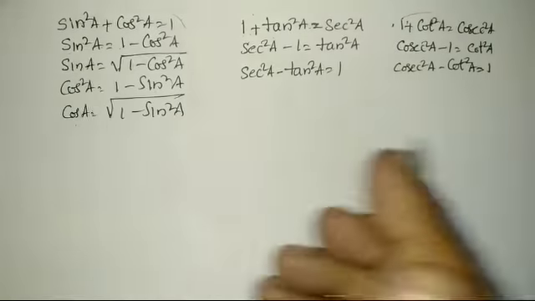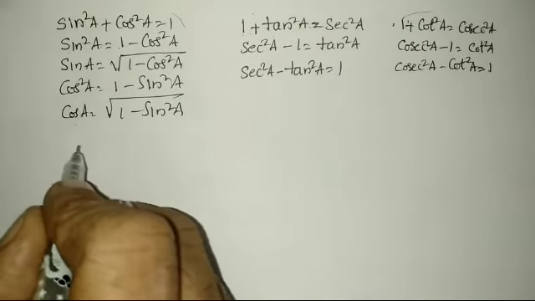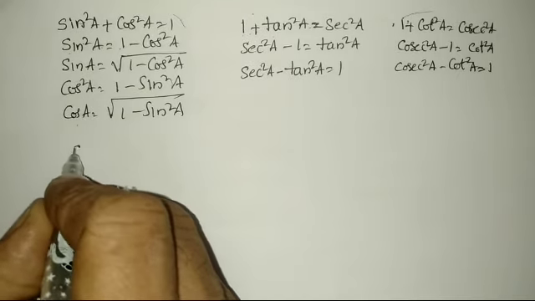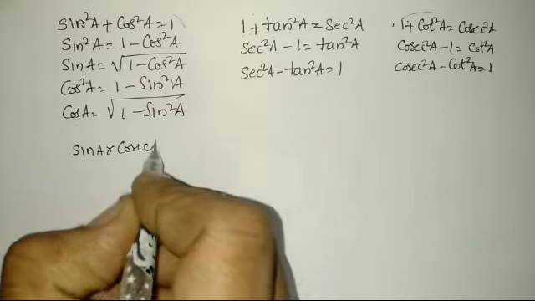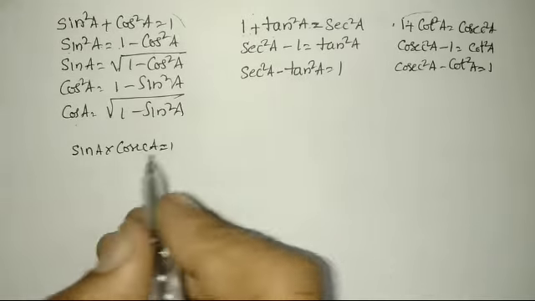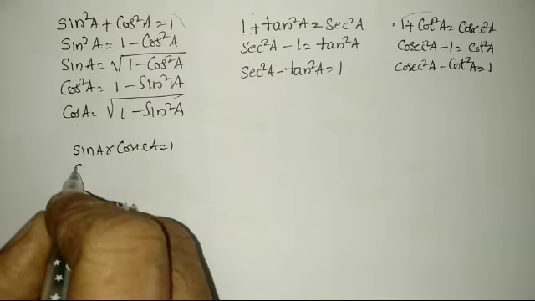So in addition to these three, we have some other reciprocal identities. They are sin A into cosecant A equal to 1, because they are reciprocal to each other.